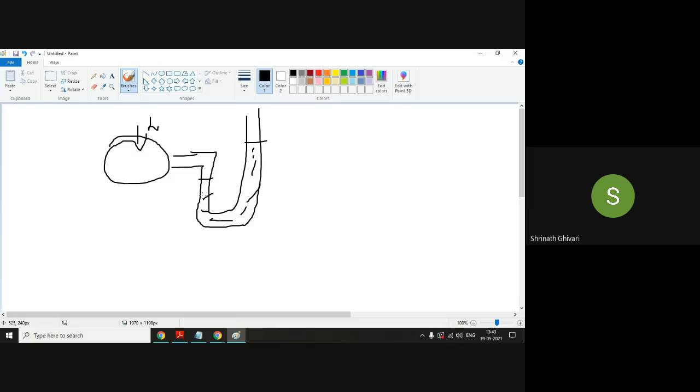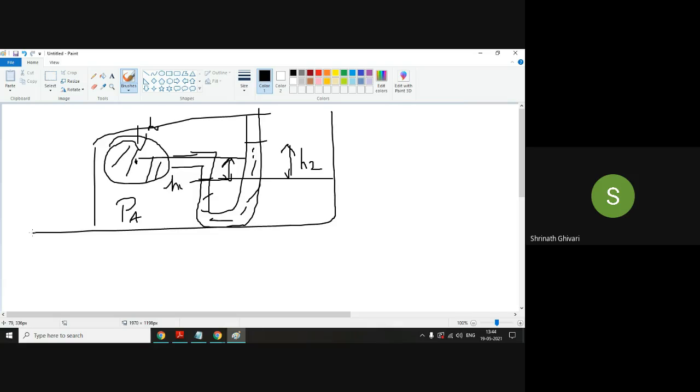Is it right or wrong? This is H1, this is H2. This is the liquid whose pressure I want to calculate, a liquid which is flowing through the pipe. I want to calculate the pressure at this point. I'm connecting a U-tube manometer to it. So I can measure only the pressure at this point, right or no? So we can measure the pressure at this point itself.